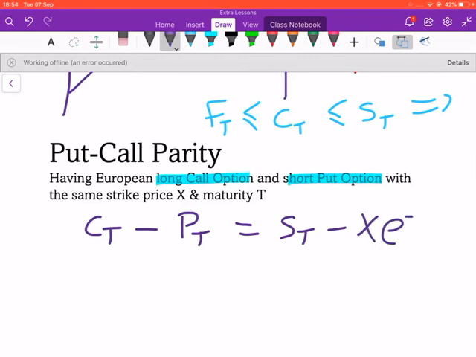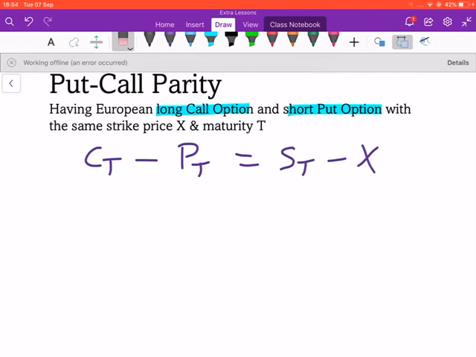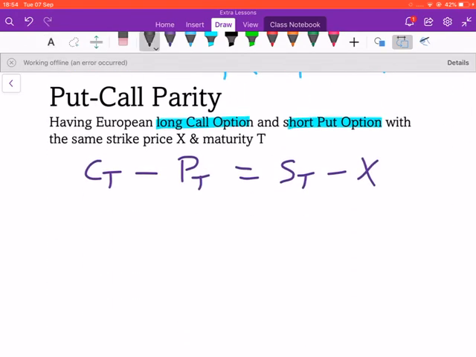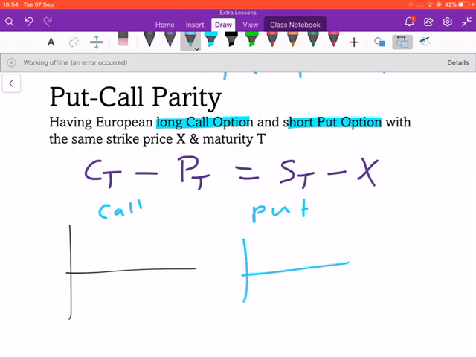This is the payoff of a forward contract, right? So why is it like this? Again, for your call, the payoff is going to look like this, and for your put, it's going to be negative because you are shorting it, so it's going to be inverted.